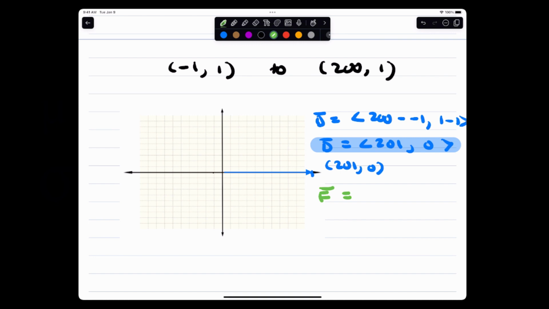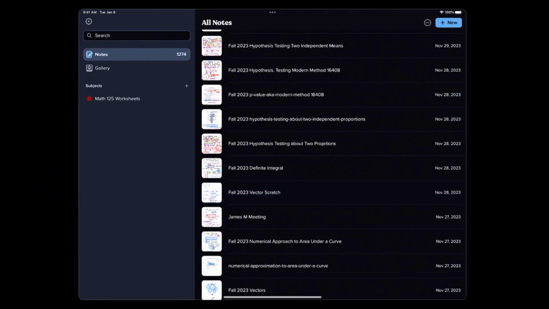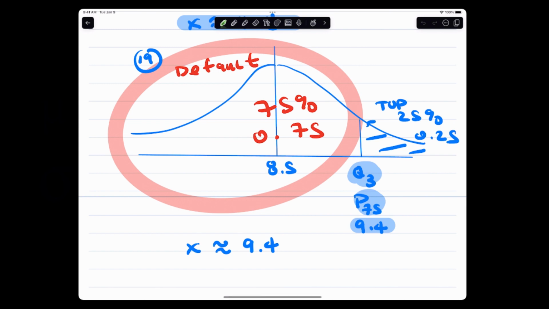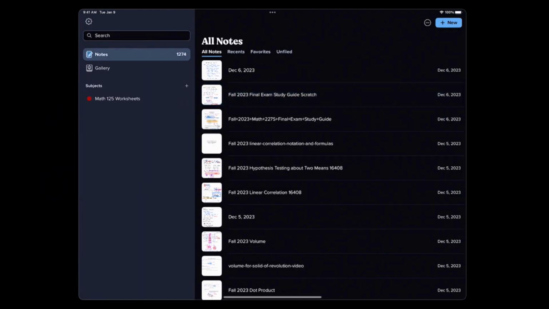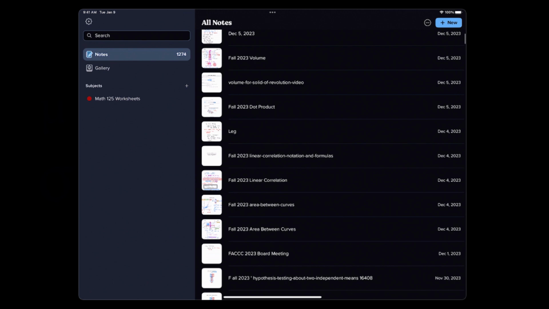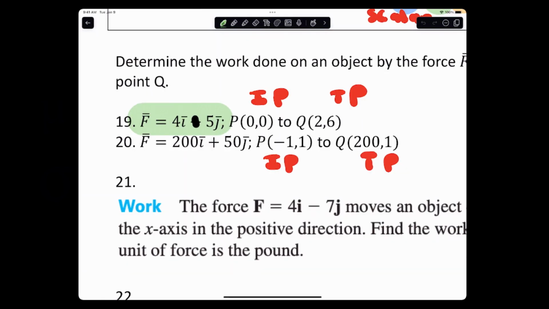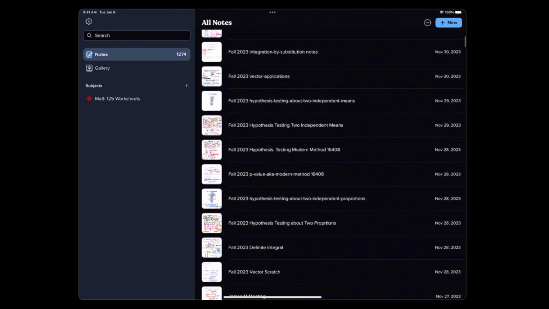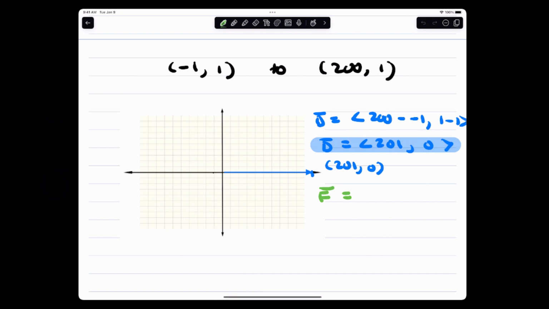What's the force vector? 200i plus 50j. Okay, 200i plus 50j. So let's find the work.